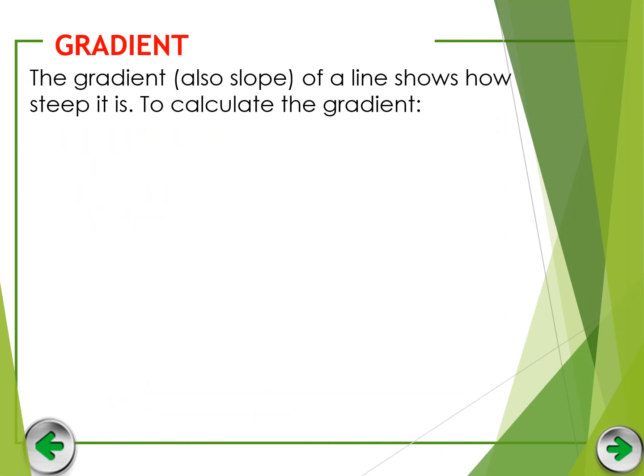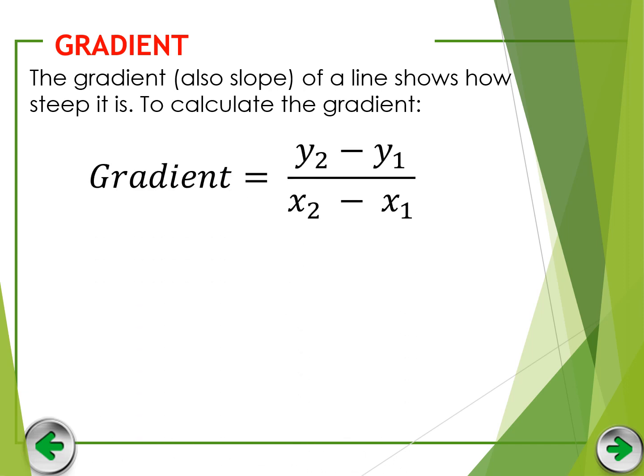Gradient is also known as the slope of a line, and it shows how steep it is. To calculate the gradient, this is the formula: y2 minus y1 over x2 minus x1. And these are usually two sets of coordinates. So you would have A is x1, y1, and B is x2, y2.